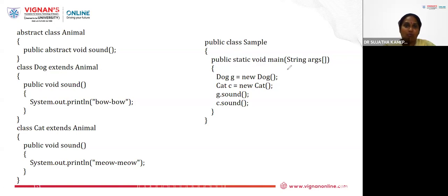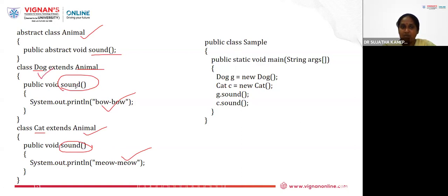Now here you can see one more example. Animal I have. Here I have an abstract method, sound. Dog extends Animal. Here the sound method is implemented. Here I have written another class, Cat, that extends Animal. Now here again the sound method is implemented. So here we provided specific implementations for the sound method.